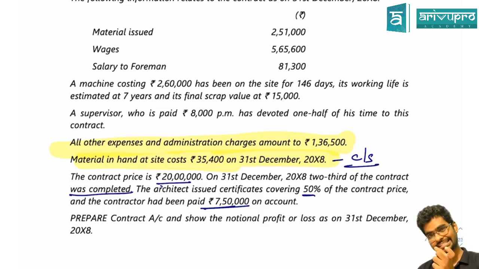That means, can I say that balance portion which is not certified becomes my uncertified portion? See concept now. 2/3 is what? 66%, 66.66%. Half is what? 50%. He is only certifying 50% of the contract. That means automatically the balance amount becomes what? My uncertified. Does anyone have any doubt in this?